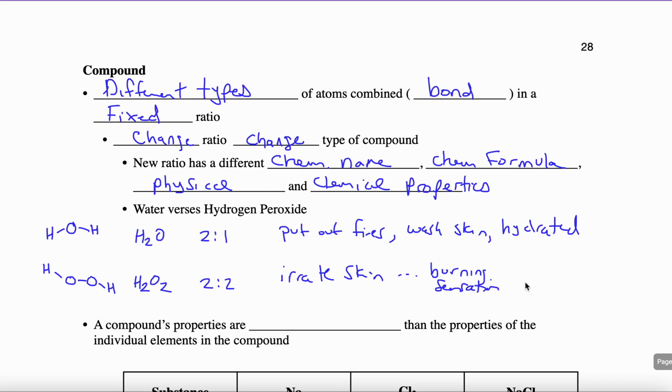And it can actually bleach the color of your skin or hair. I mean, hey, some toothpaste use hydrogen peroxide in there to whiten your teeth. So it's bleaching out the stains. Water doesn't do that.